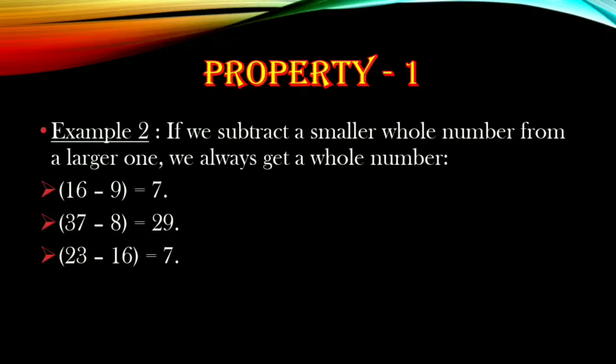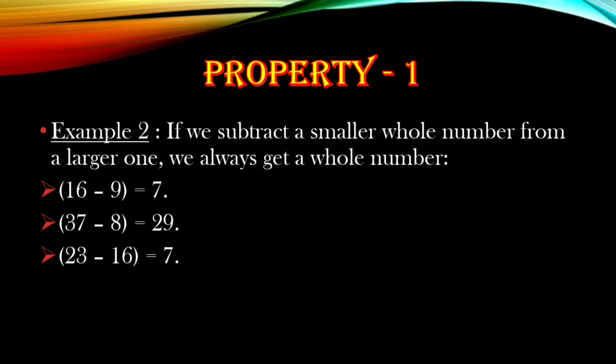In the second example, if we subtract a smaller whole number from a larger one, we always get a whole number. Let us take a whole number 16 and another whole number 9. If we subtract 9 from 16, we get 7, which is a whole number.